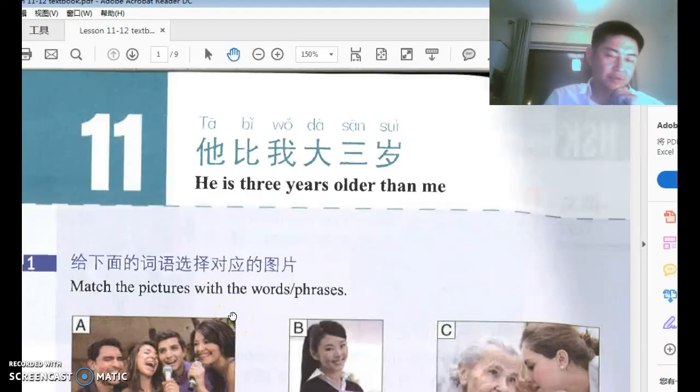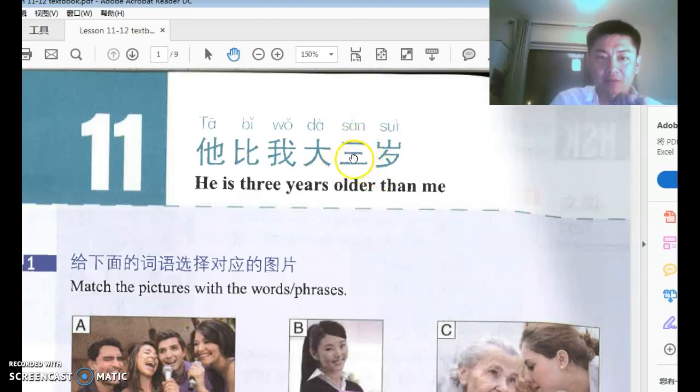Alright, lesson 11, 第11课. The title is 他比我大3岁. 岁 is years of age or years old, something you don't have in English.